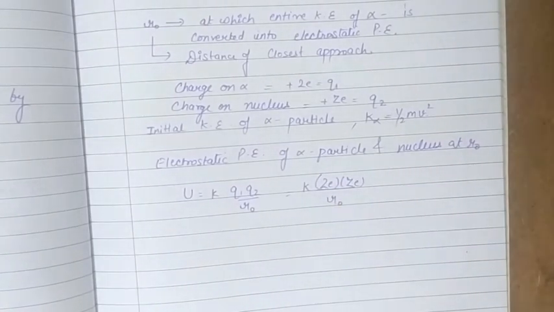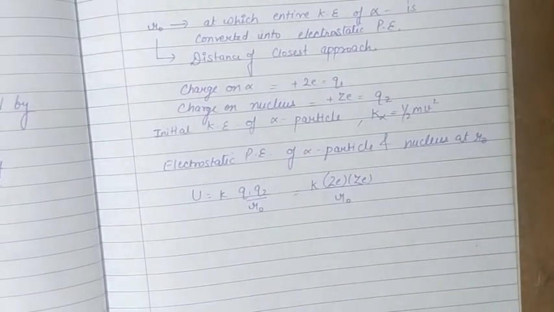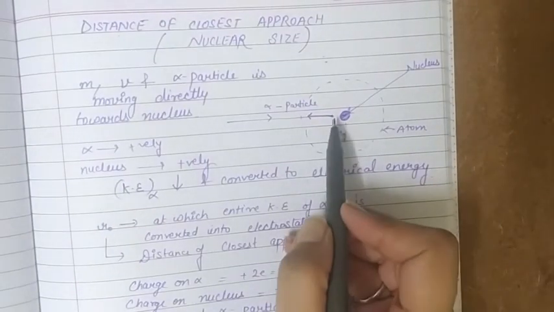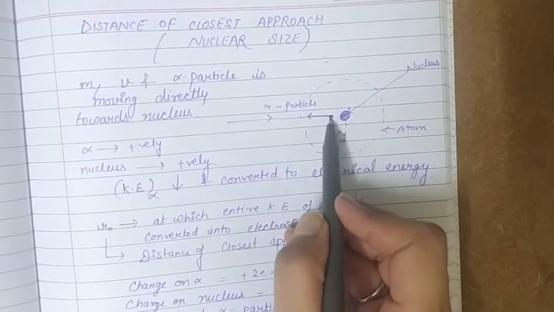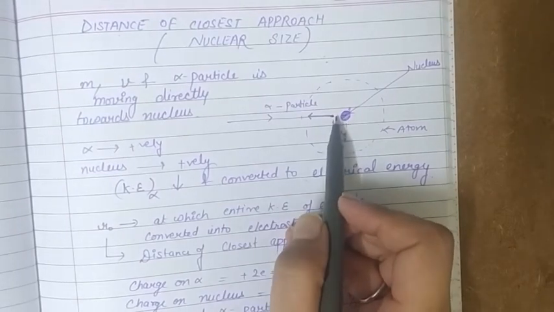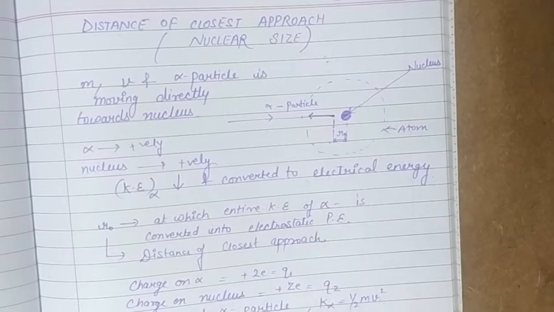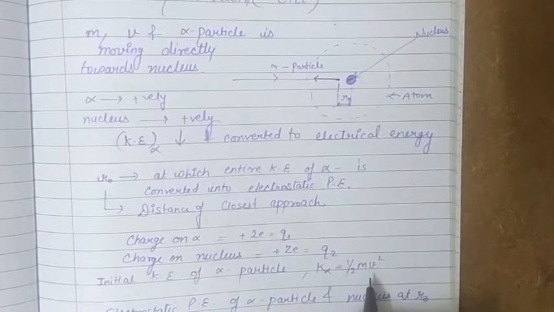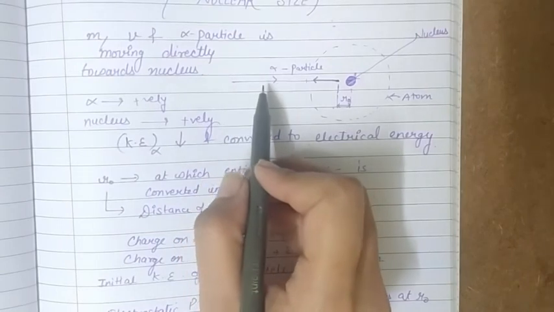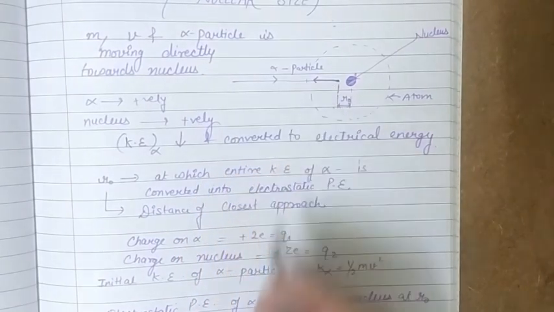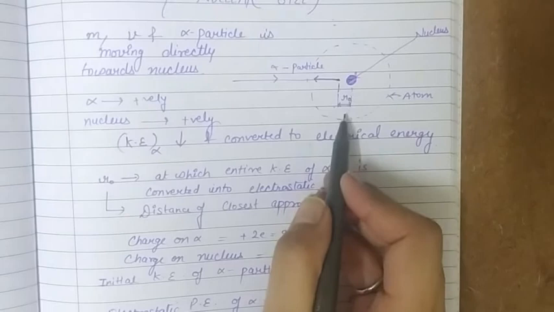Now, if we see the diagram, at this point the total kinetic energy that the alpha particle has gets converted into electrostatic potential energy. The total energy with which it starts moving was half m v square, its initial kinetic energy, which was maximum, because after that the energy gradually decreases until the point of closest approach.